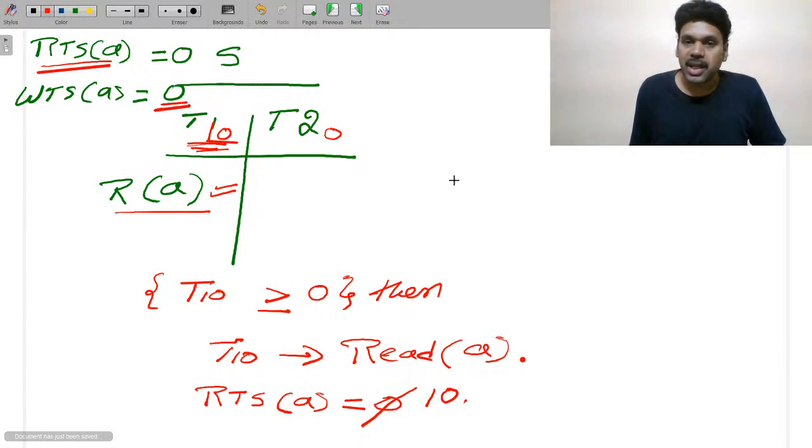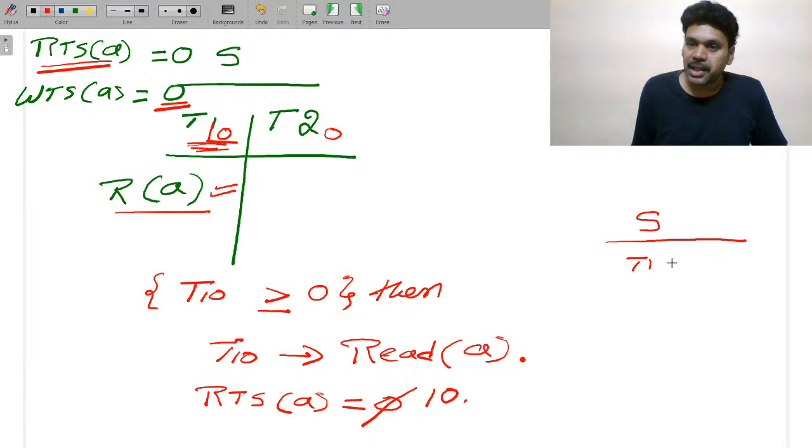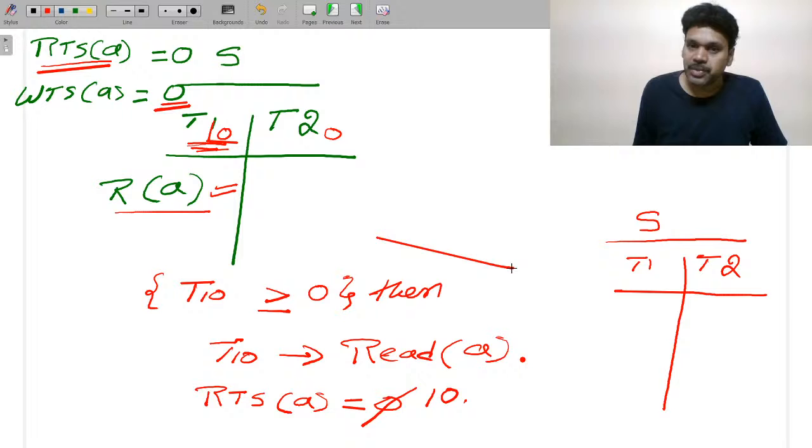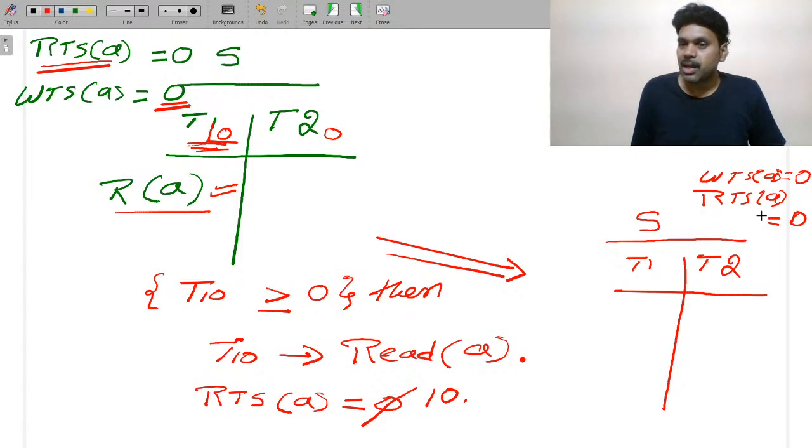Soon after you perform this transaction, your RTS of A is updated to 10, but WTS of A stays at its initial value of 0, staying at the same value.